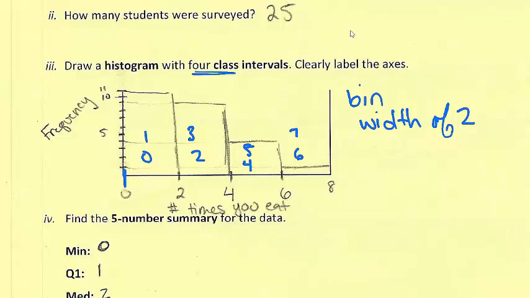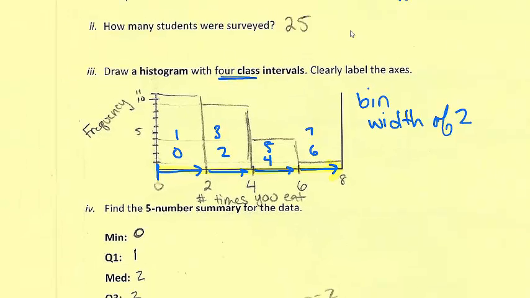It is just a number line at the bottom. And then this is 0 up to, but not including 2. So 1.999999999. But since we have discrete data, it's just 0 and 1. 2 and 3, 4 and 5, and 6 and 7.